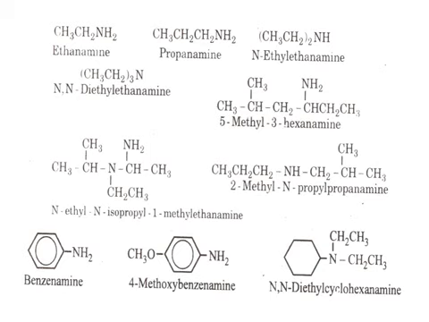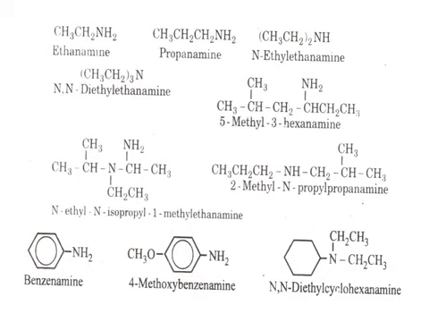But if we start numbering from the right hand side, then the amino group will attain position number 3, and the methyl group will obtain position number 5. So it means the numbering will start from the right hand side. So initially we shall write the functional group position, and we shall write the substituent, that is 5-methyl-3-hexaamine.